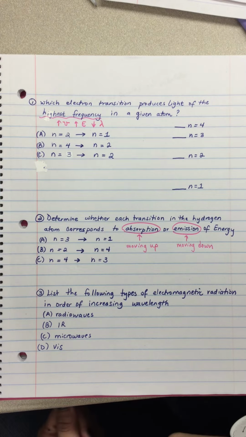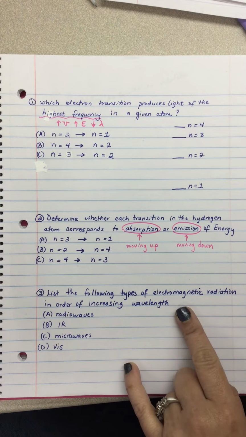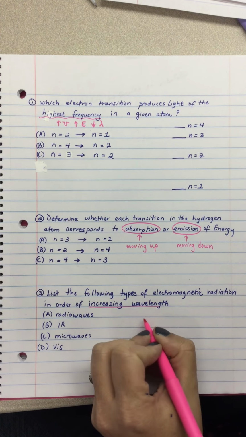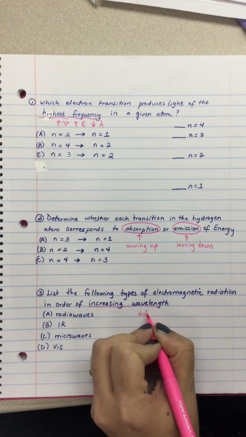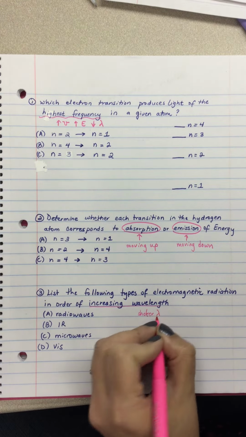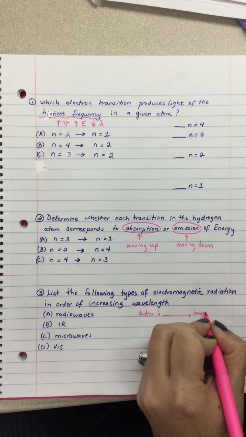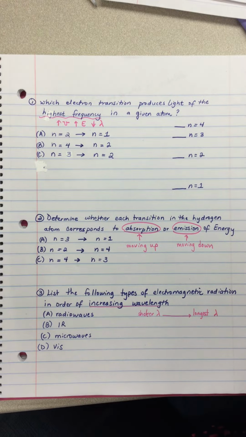And then for the last one, you're trying to organize this in increasing wavelength. Increasing wavelength means that you go from the shortest to the longest on the other side.